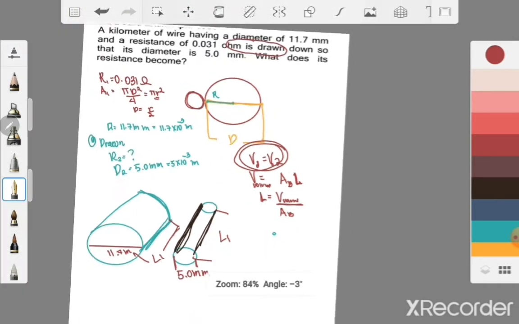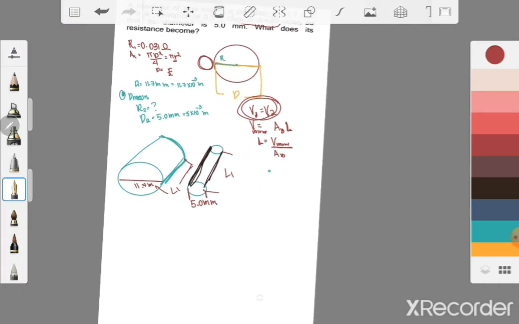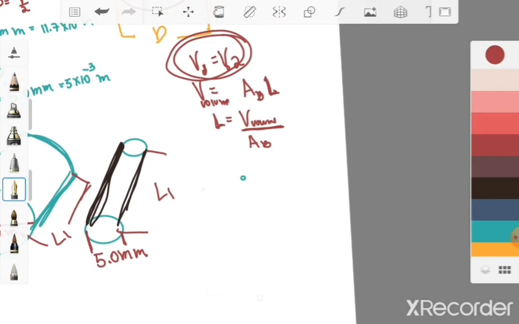Okay? So, since we are comparing two similar resistances, our rho is equal. So, another parameter, rho 1 is equal to rho 2. Sir, bakit siya equal? Parehas na material yan. Okay? Two copper conductors.